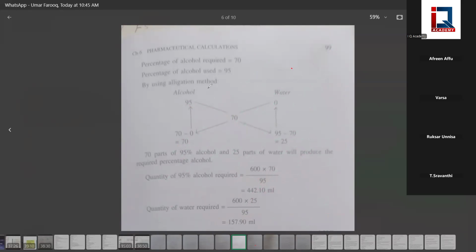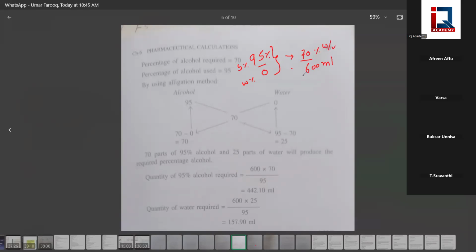So given percentage is 95, or stronger percentage is 95, weaker percentage is not given, so I am adding water. So mixing 95% alcohol and water, I need to prepare 600 ml of 70% alcohol. So given is 95%. Want to prepare 70% weight by volume.